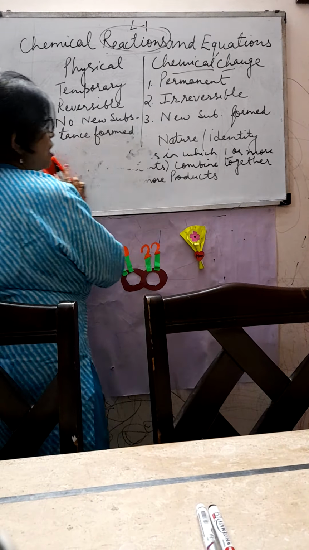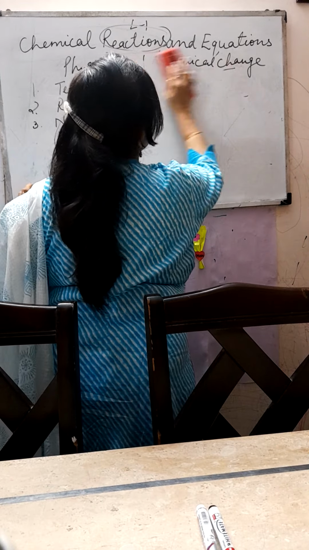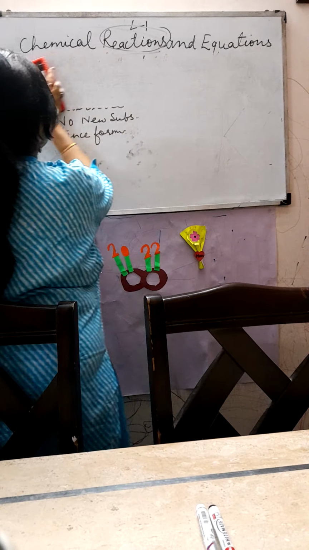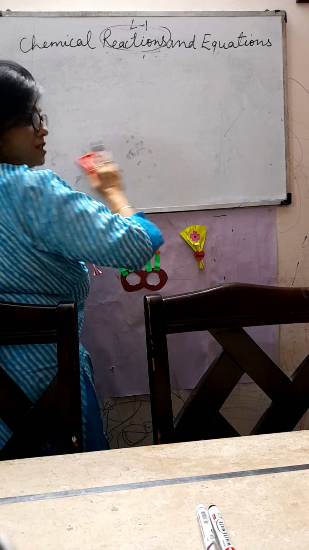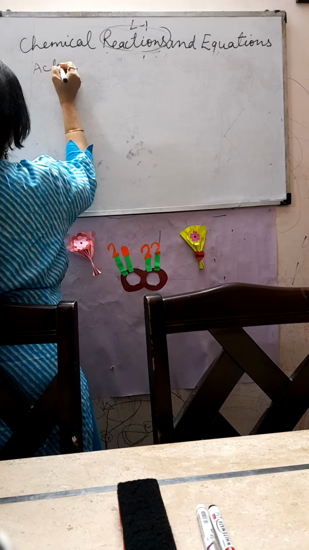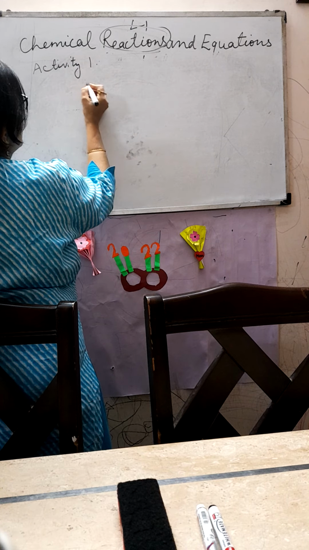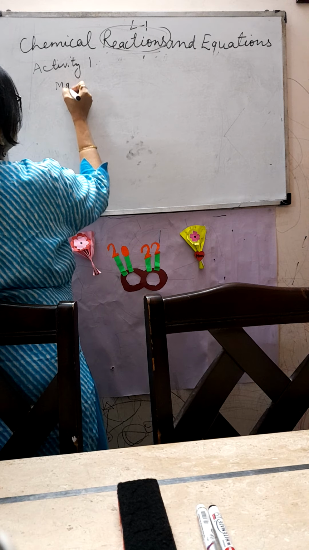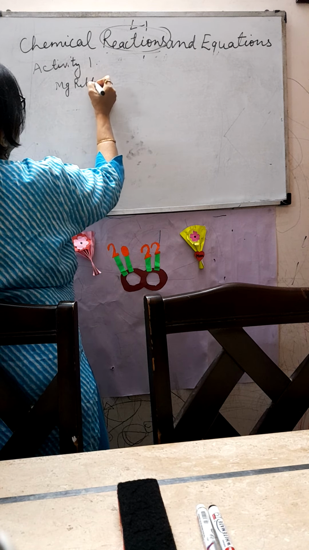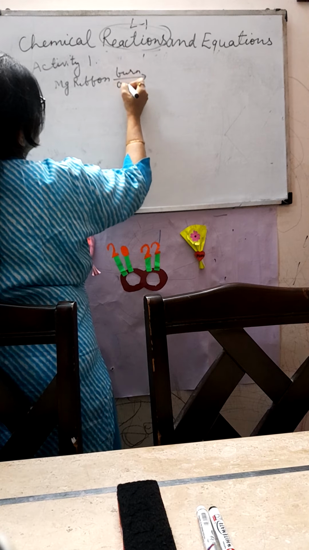Now, how will we understand these chemical reactions? We will understand it by taking the example of 3 different activities which are there in your syllabus. Activity number 1: burning of magnesium ribbon. You burn magnesium ribbon in the presence of air.